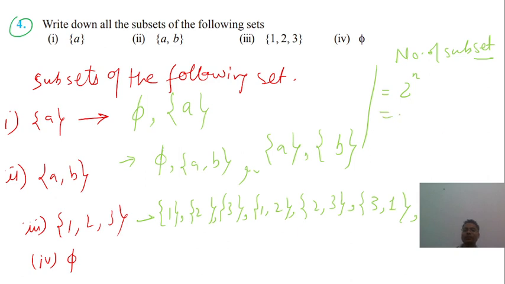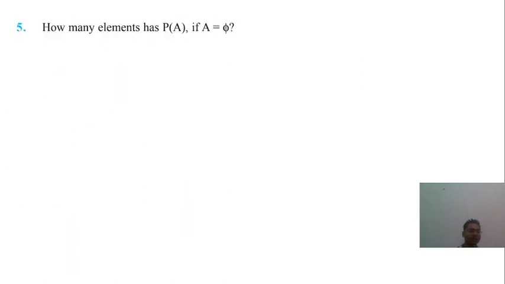If you want to check the number of elements, here the number of elements is 3, so 2 raised to power 3 is 8. So we got 8 sets here. And here you can see that it actually has no element, so it has only one subset, because 2 raised to power 0 is actually 1.